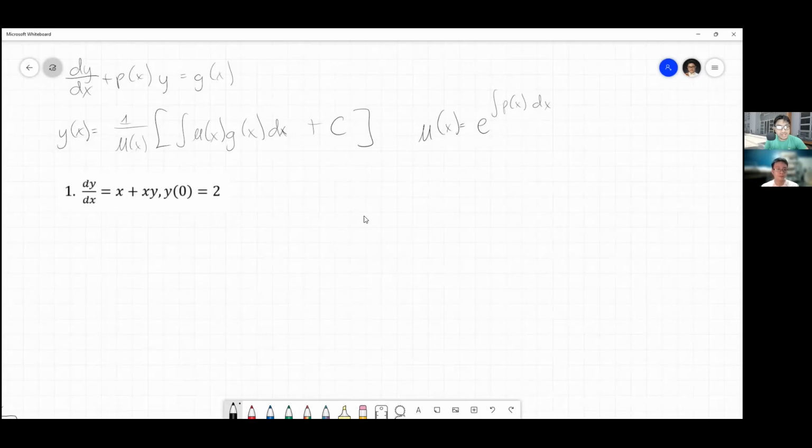So that is dy over dx. And then meron ka ditong plus some function of x in terms of y. So yung meron ng ganun is itong plus xy. So lipat natin siya sa kabilang side, so that becomes minus xy.